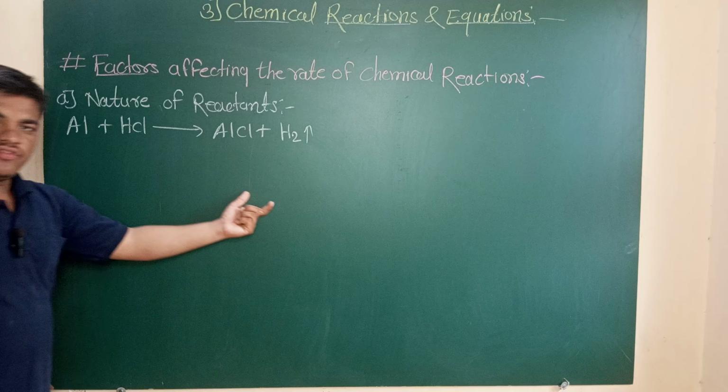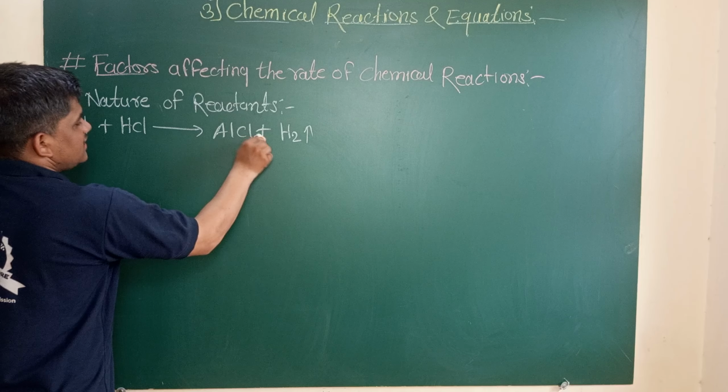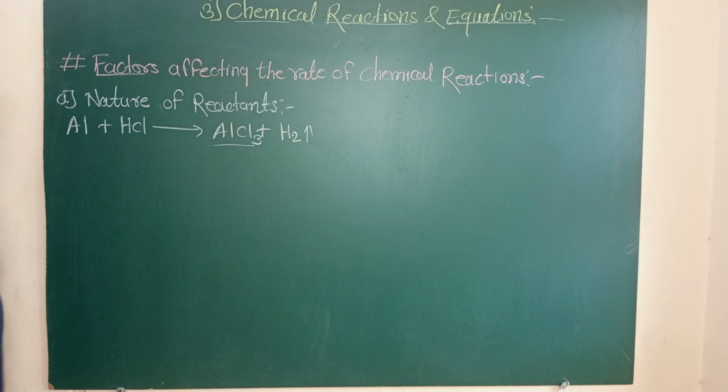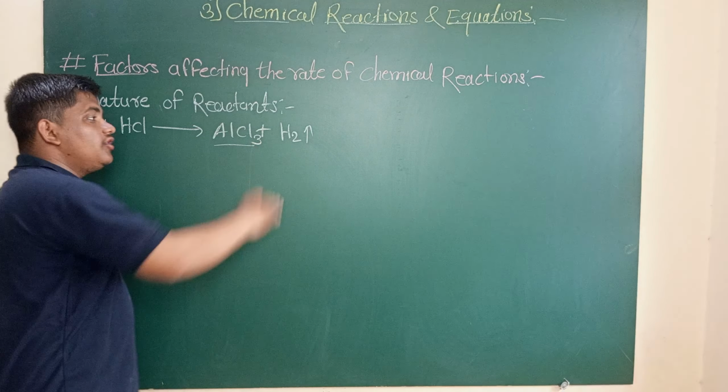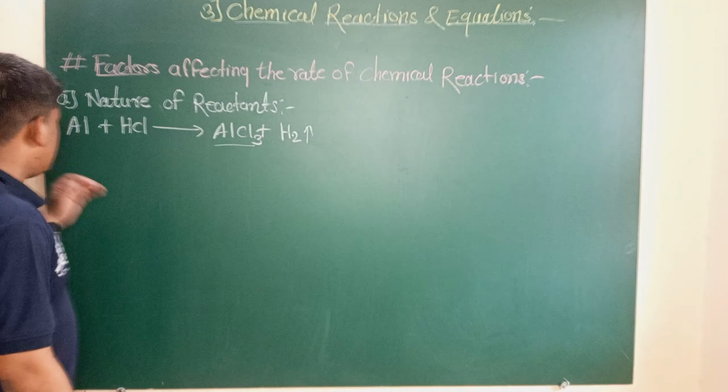Please balance this equation. I will be teaching how to balance chemical equations with the help of some rules. AlCl3, aluminium trichloride, is formed, and hydrogen comes out as a byproduct of that chemical reaction.